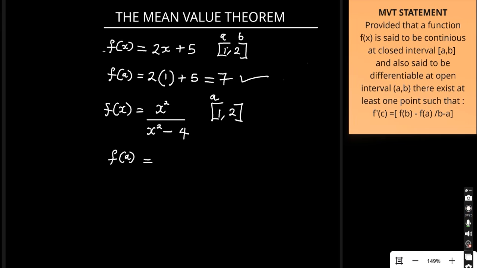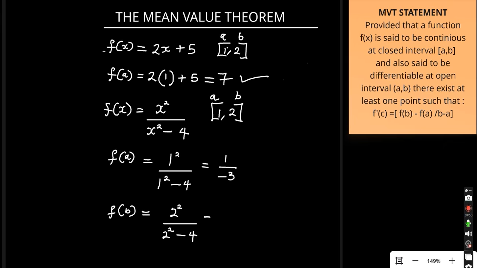This is A and this is B. So this is going to be 1 squared over 1 squared minus 4, and this gives us 1 over negative 3, which is negative 1/3. Then we can check for f of B, and B is 2, so this is going to be 2 squared over 2 squared minus 4, which gives us 4 over 4 minus 4, which is 0, and this will be undefined. So therefore this function will be said to be discontinuous.